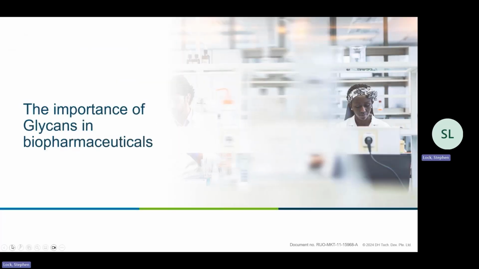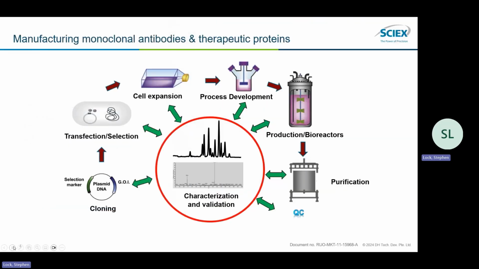So I think really it's always best to put an analytical method or analytical problem into context. So I'll start off by looking at the importance of glycans in biopharmaceutical analysis and understand where glycan testing is used. This next slide shows just a schematic of what happens in the manufacturing of a therapeutic protein like a monoclonal antibody, or a plasmid, or a fusion protein or a bispecific.